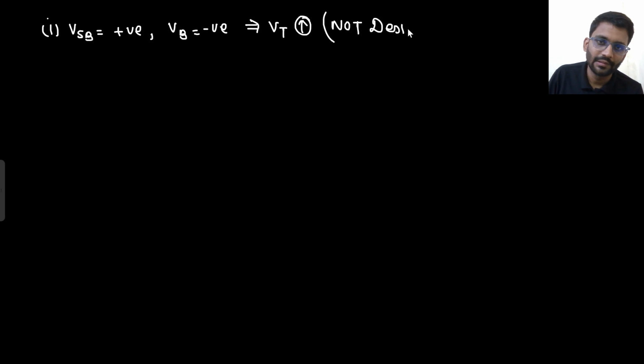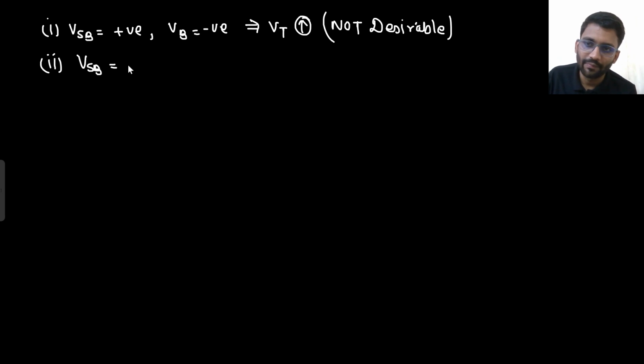So first, when VSB was positive, or you can say VB is negative, this seems more intuitive. If VB is negative, that means VT will be increased. This is not desirable. And secondly, if VSB is negative, or VB is positive, then what will happen?